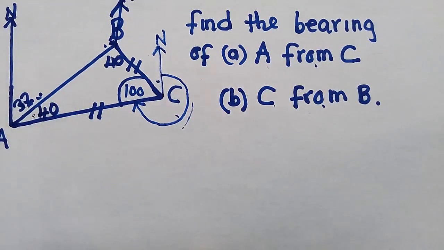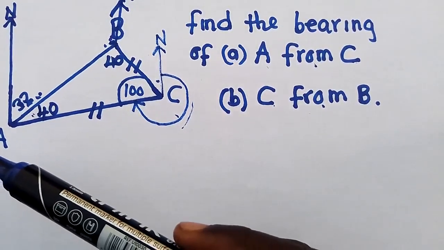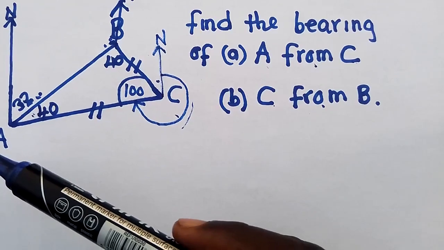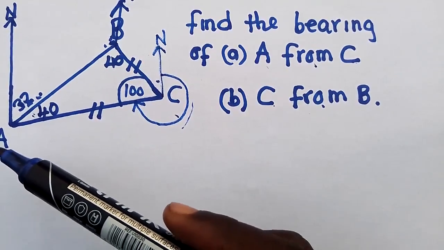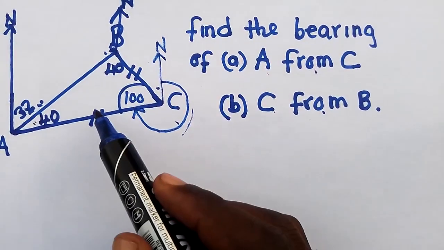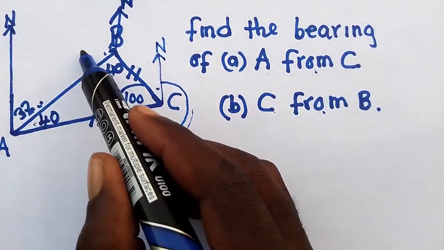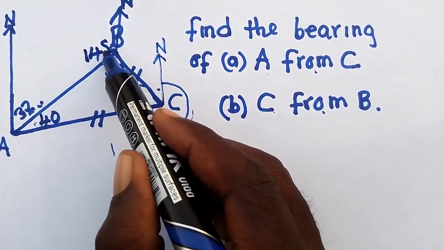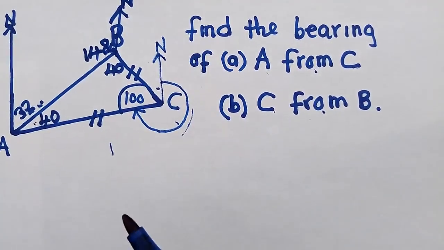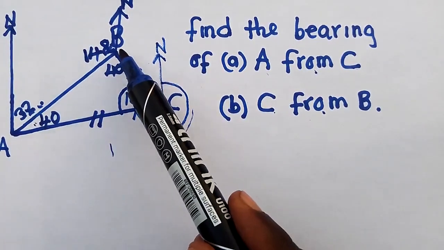So you just say 180 minus 32. The 32 that is here, you are going to get 148. So there you've got 148, and we need to find the angle which is there.